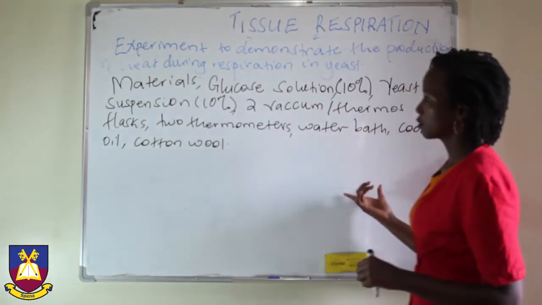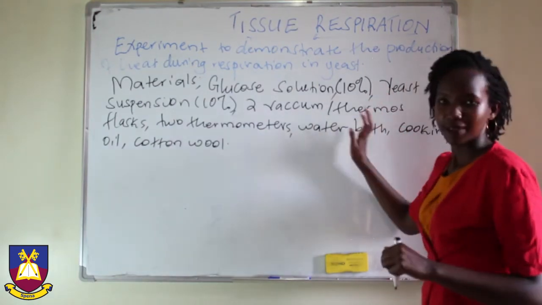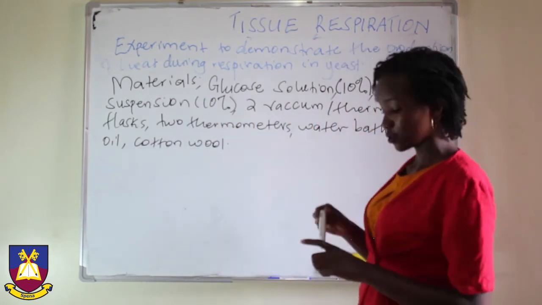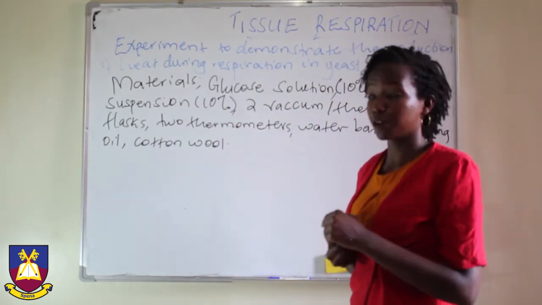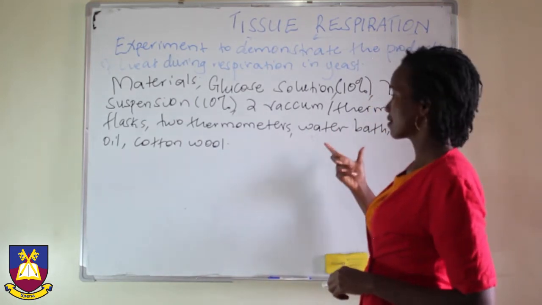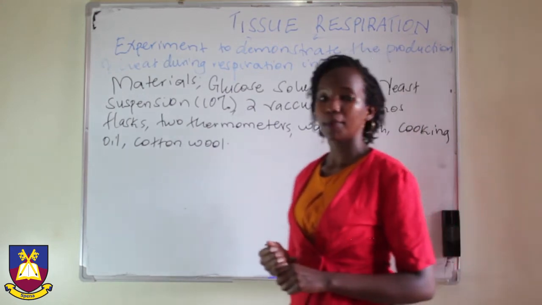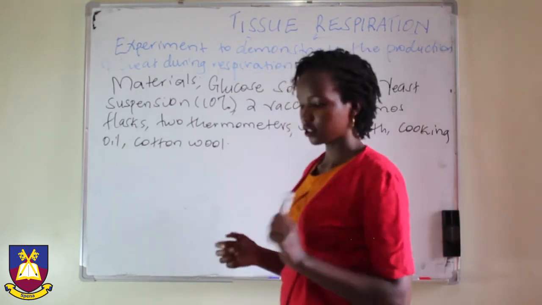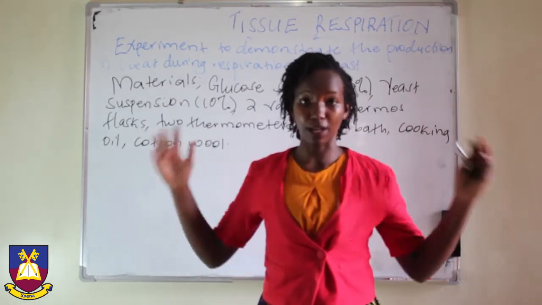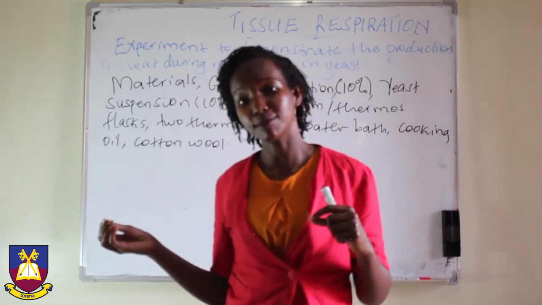We shall have a glucose solution, about 10%. The 10% the teacher can always prepare. A yeast suspension, 2 vacuum flasks, 2 thermometers, a water bath, cooking oil, and cotton wool. So we boil about 100 cubic centimeters of glucose solution to drive out the air, because yeast respires anaerobically.